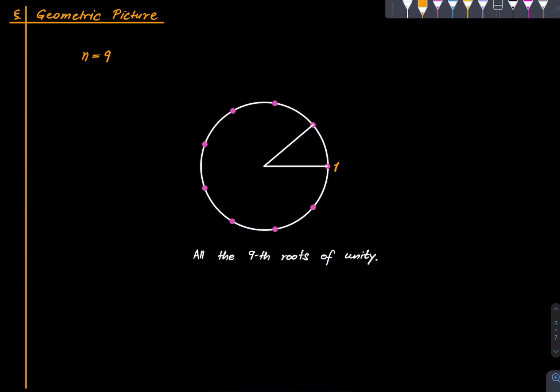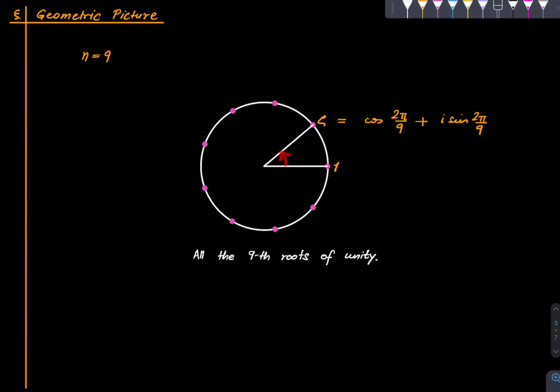This is, I'll call this complex number zeta, which is cos of 2 pi by 9 plus iota sine 2 pi by 9. So that's in some sense a principal nth root of unity, or whatever you want to call it. This is kind of the first non-trivial one that you get. And all the pink ones, all the other ones are also roots of unity. So these pink points are precisely the 9th roots of unity.